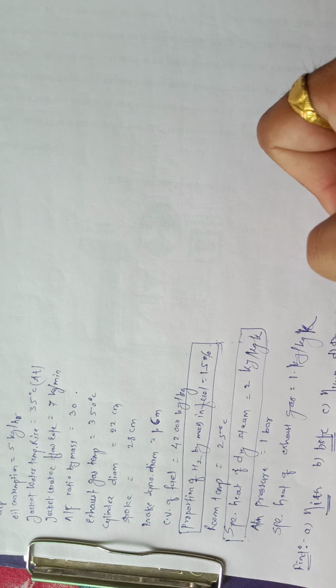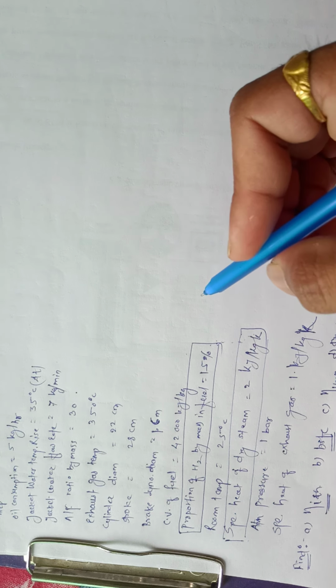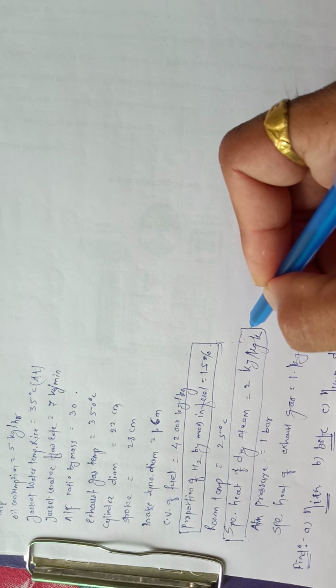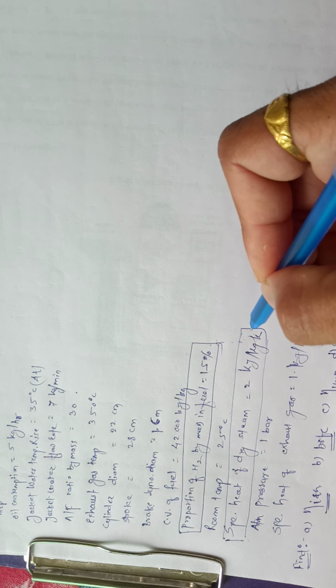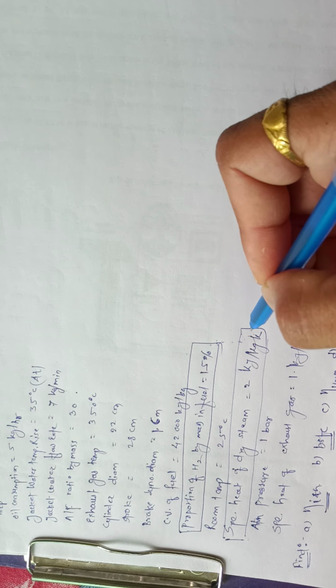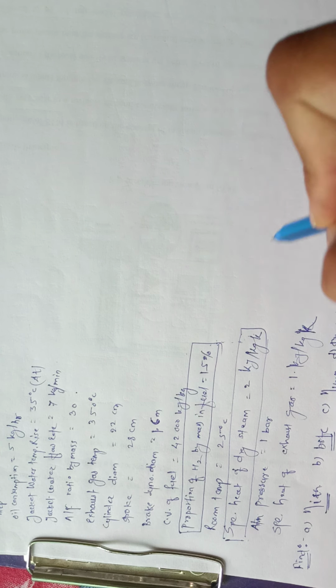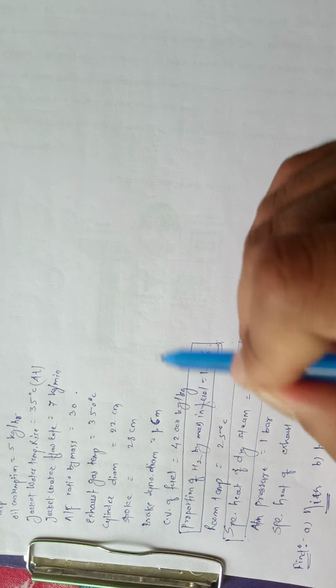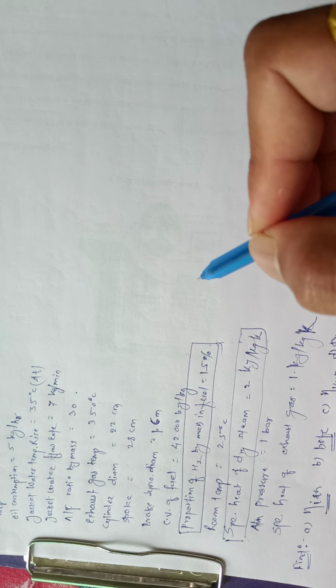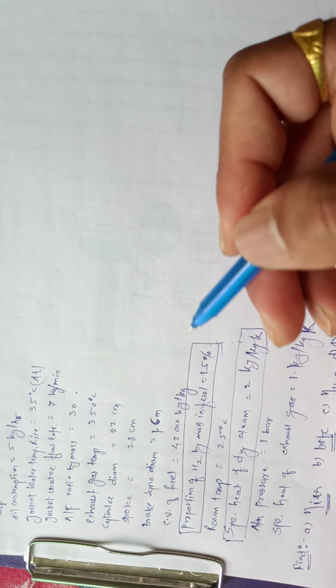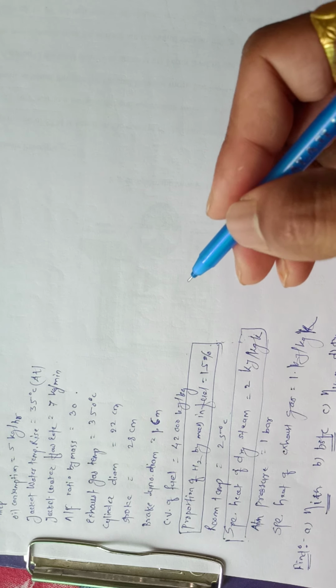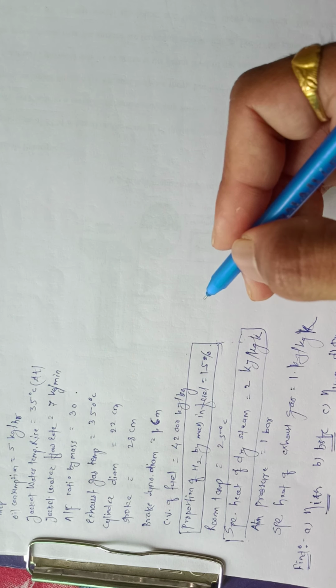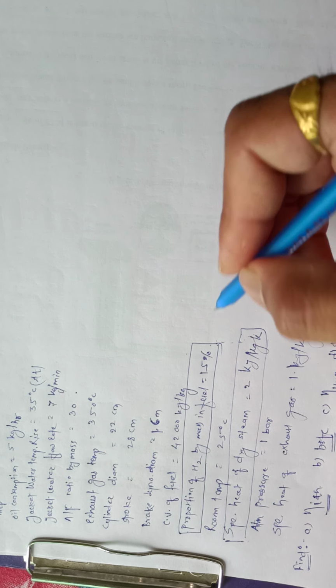But we have to consider the heat taken away by the superheated steam and the heat taken away by the dry exhaust gas separately while drawing the heat balance sheet. So that is the additional thing we have to find out in the heat balance sheet.